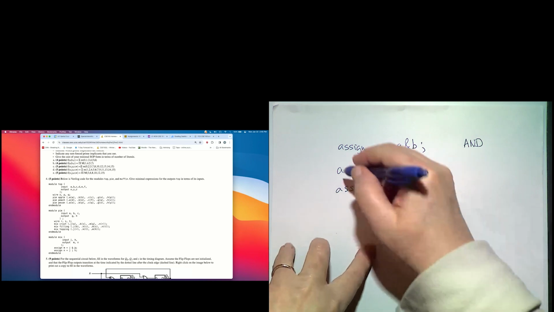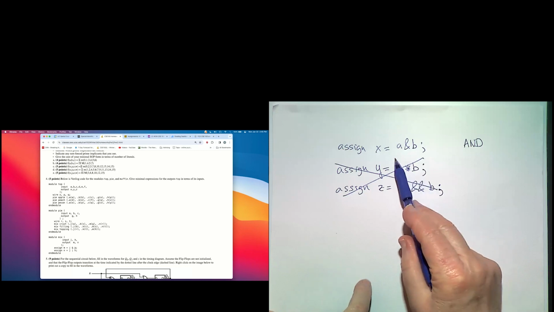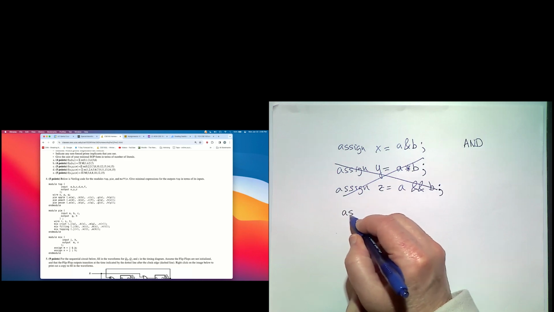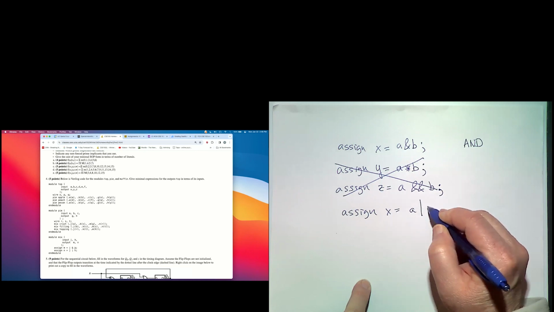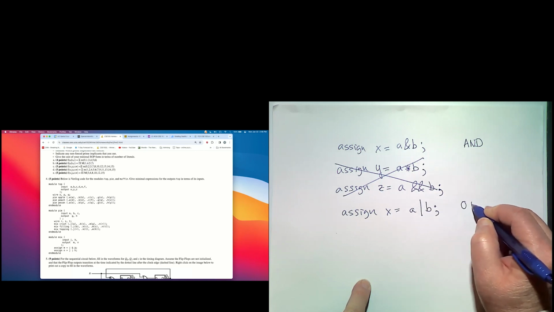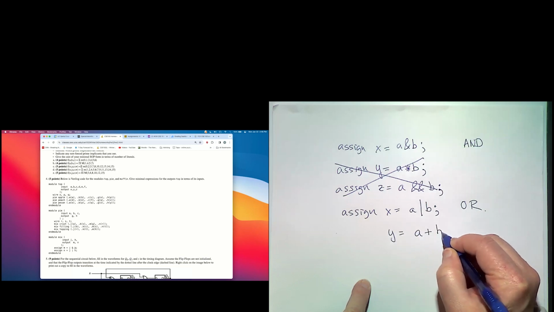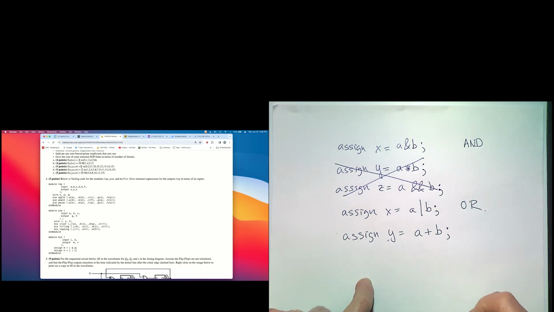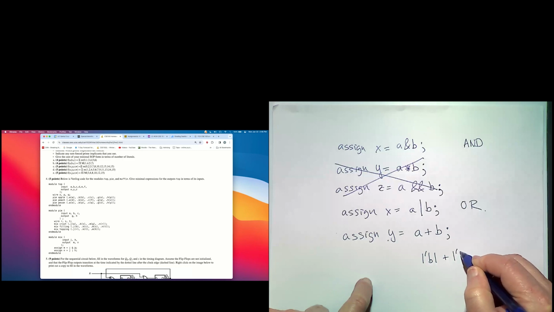Okay, so don't do that. If you're writing logic equations, you want to use the ampersand. If you're writing the OR, you want to use the vertical bar. This is one where you won't get away with the plus. Because what happens if you have 1'b1 plus 1'b1?